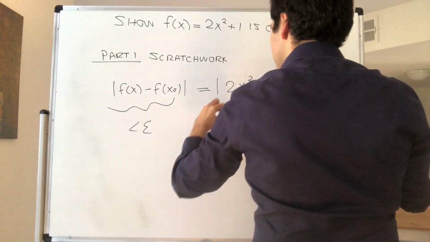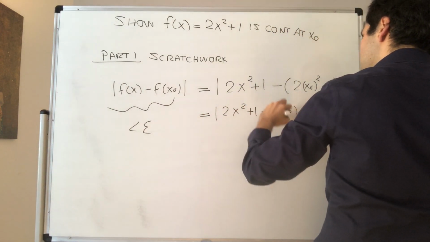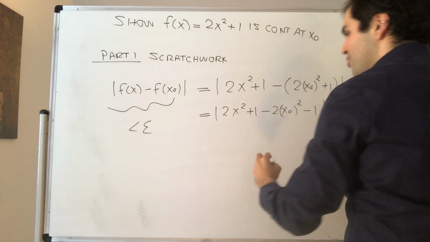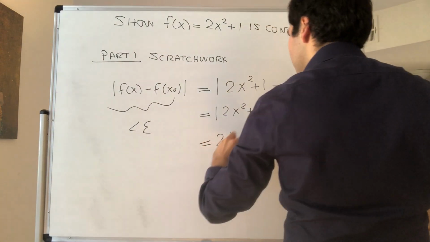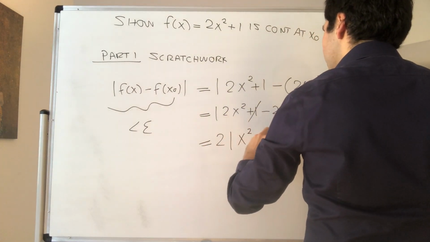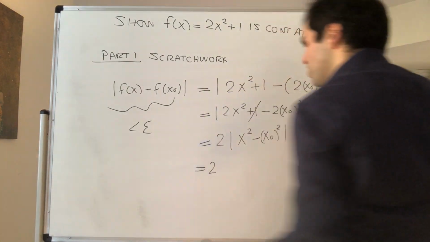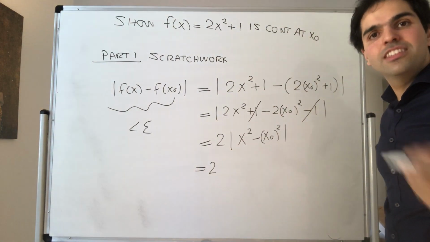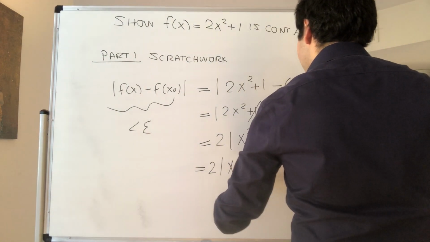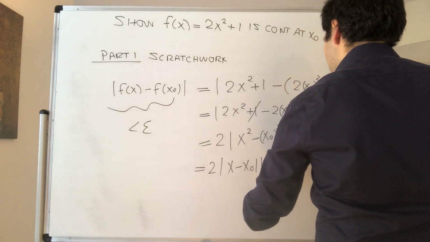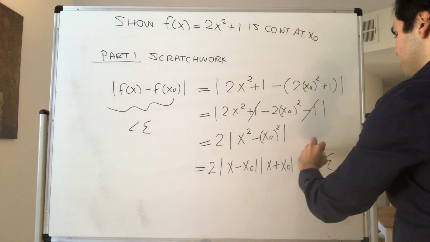And that becomes 2x squared plus 1 minus 2x naught squared minus 1. Great, this already cancels out, and then a 2 factors out, and you get 2 times x squared minus x naught squared. And remember, a squared minus b squared is a minus b times a plus b. So x minus x naught times x plus x naught. And we want this to be less than epsilon.